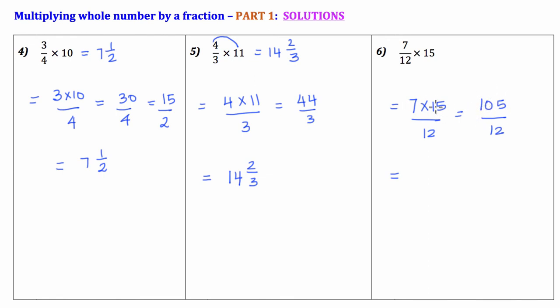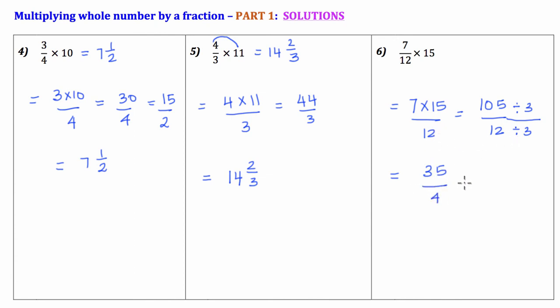And of course, 15 is divisible by 3, so we know 105 is divisible by 3. So let's divide both the numerator and the denominator by 3. 105 divided by 3 equals 35, and 12 divided by 3 is 4.